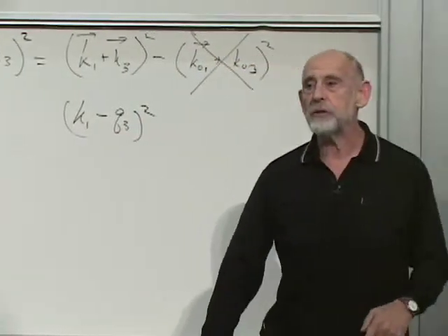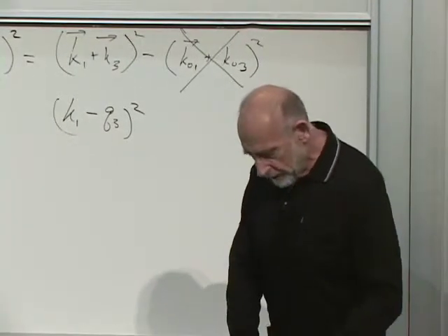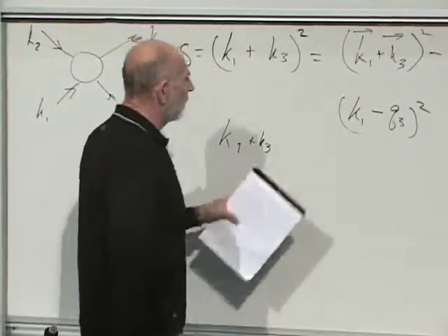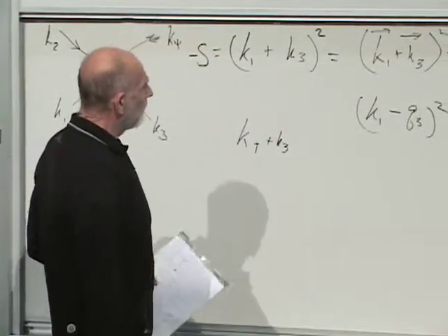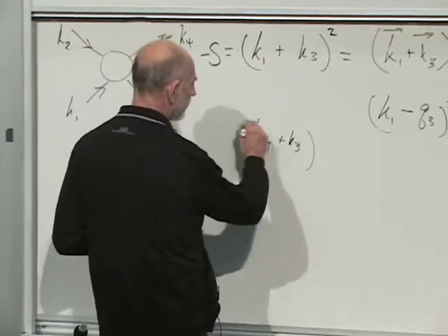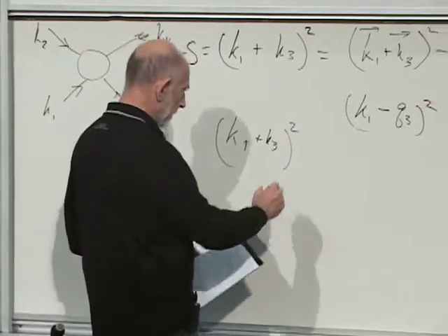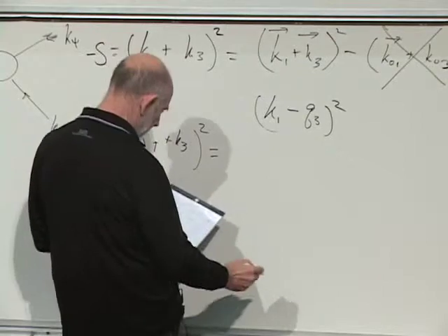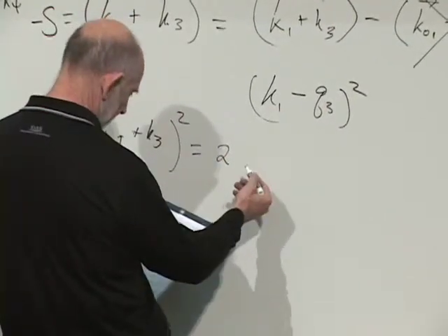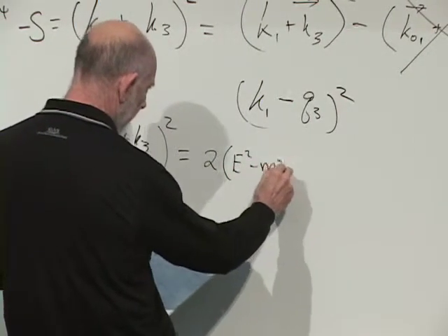It can also be expressed in terms of the angle of scattering. I will tell you what the formula is. The formula for K1 plus K3 squared is just twice the energy squared minus the mass squared.